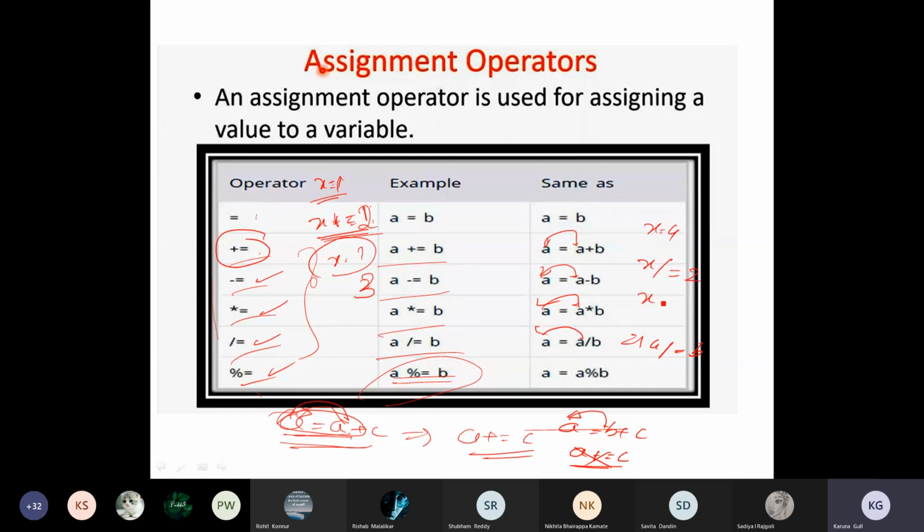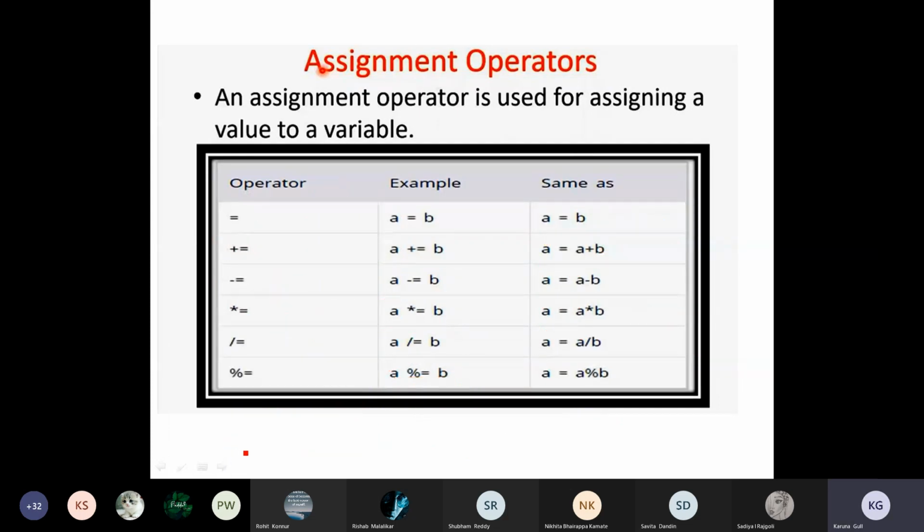What is your expectation for x now? 2. Is it 2? Yes, ma'am. Any doubts regarding this now? No. Still any doubts? I'm on the same slide. You can ask me before I proceed. If no doubts, I'll go ahead with the next one.